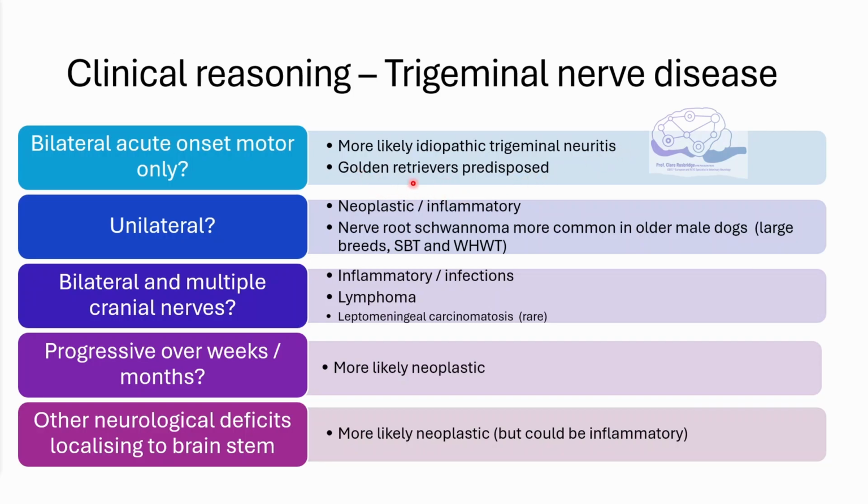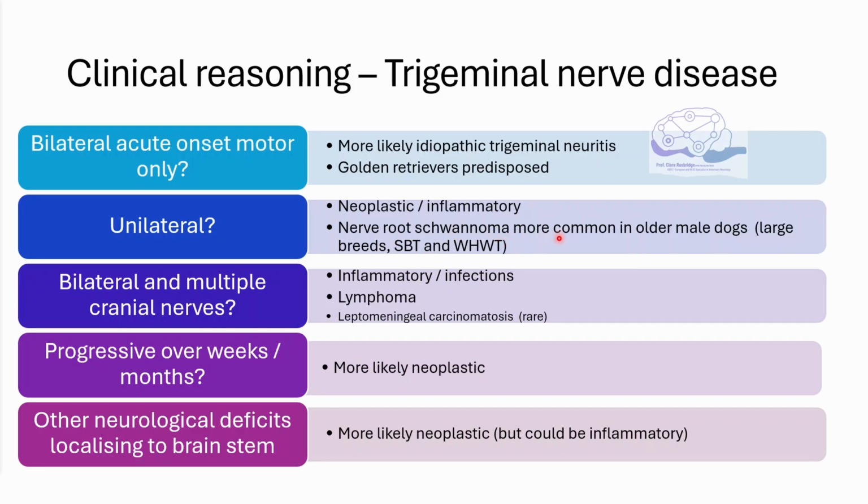And these are invariably, in my experience, golden retrievers. When I look back at my caseload of this, I think about 50% of them were golden retrievers. If it's unilateral, then it's more likely neoplastic or inflammatory, and nerve root schwannomas.